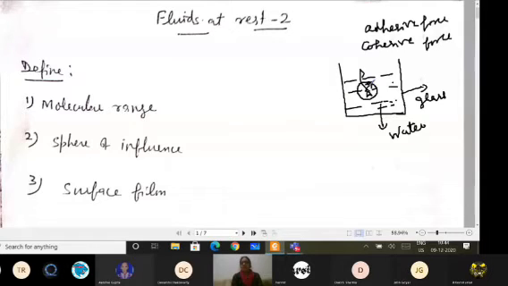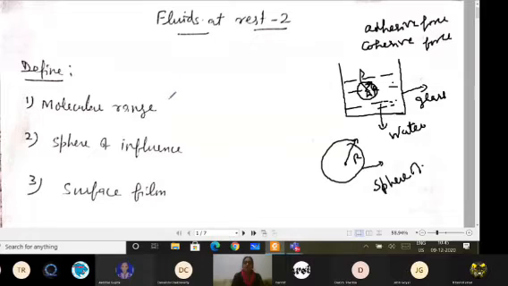If I take this molecular range as a radius and draw a sphere, that will be known as the sphere of influence. It means R is the molecular range, and the sphere with R as the radius I may call the sphere of influence. And what is the surface film?